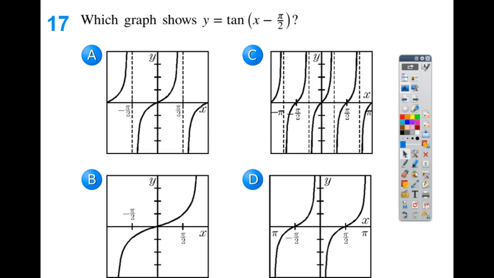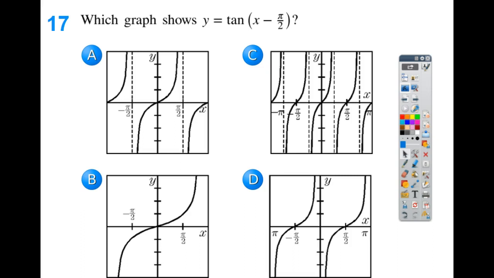To the right, so negative pi over 2 becomes 0. So the asymptote has to be at 0. There's only one of these that has an asymptote at 0. D. There's a point here, a point here, a point here. The only one without is D.